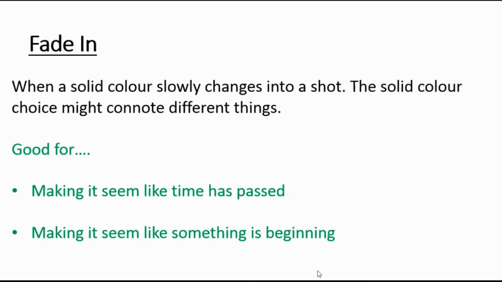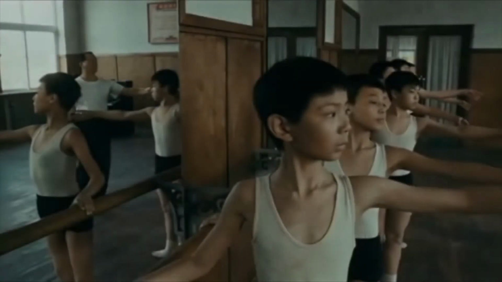A fade in is very similar to a dissolve. A dissolve, if you remember on the previous slide, was when two shots blended together. A fade is when there's a solid colour and a shot. So rather than two separate shots, a solid colour, like a black screen, for example, slowly changes into a shot. It doesn't have to be a black screen.